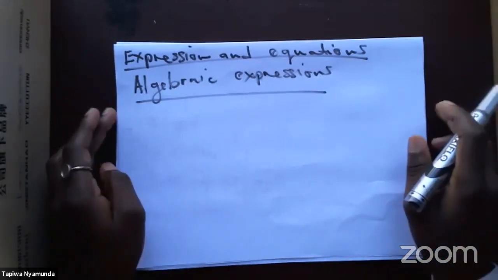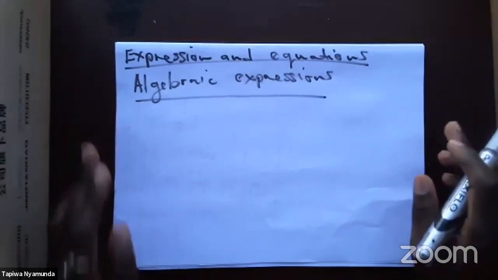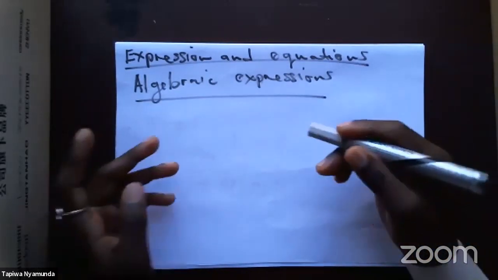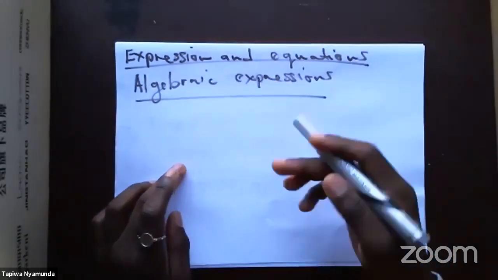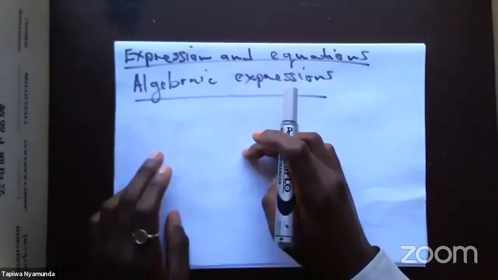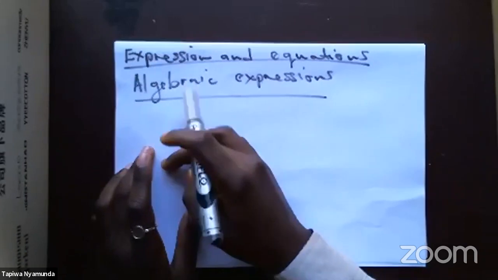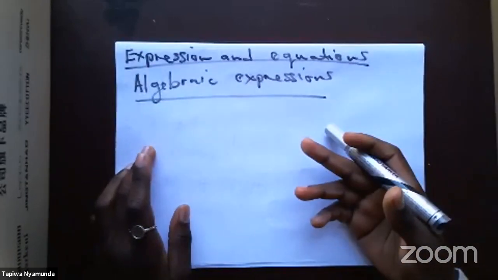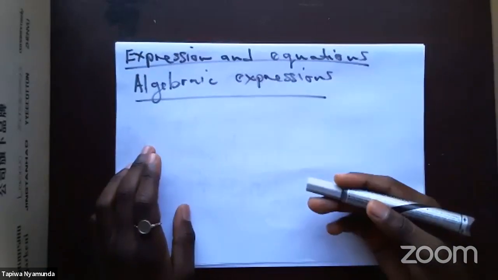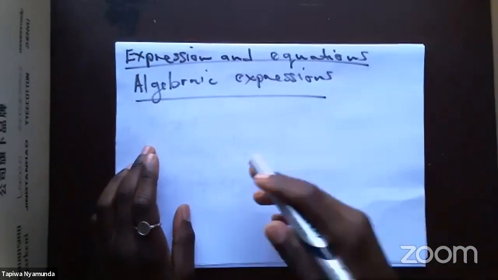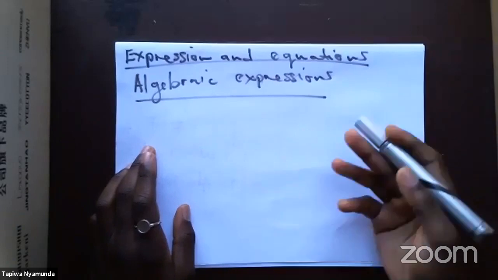So how do algebraic expressions work, guys? When we are talking about algebraic expressions, this is what we mean. We are removing numbers and we replace the numbers with letters. Then we want to work with those letters as if we are working with numbers.